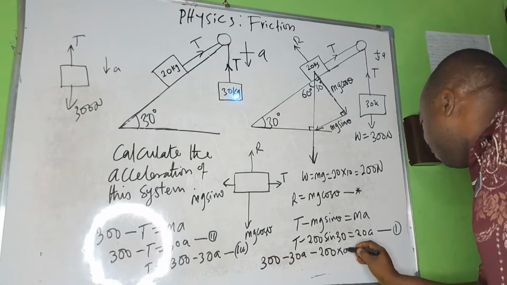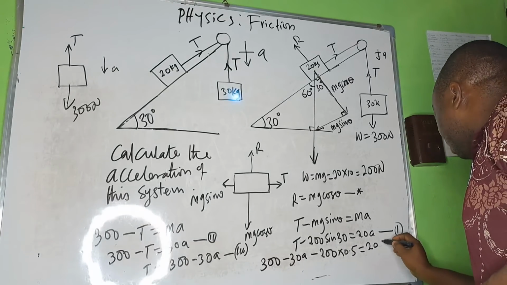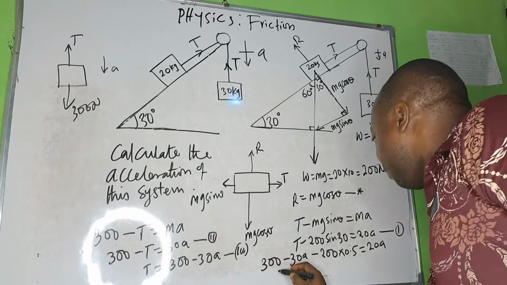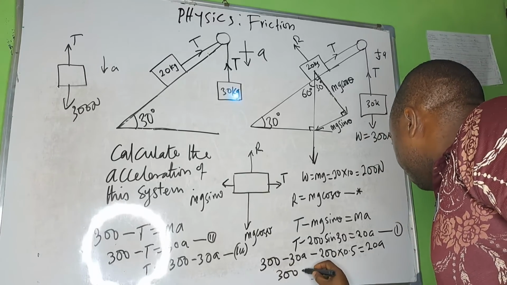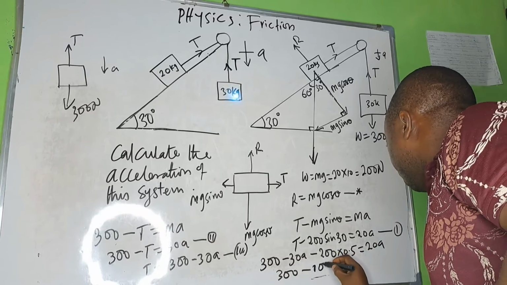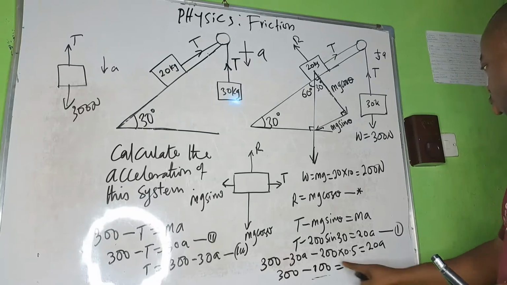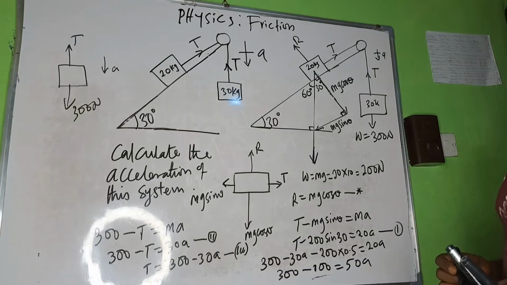Sin 30 is 0.5, a popular term, equals 20A. So I have 300 minus 200 times 0.5, which is 100, equals 30A plus 20A, it becomes 50A, okay?